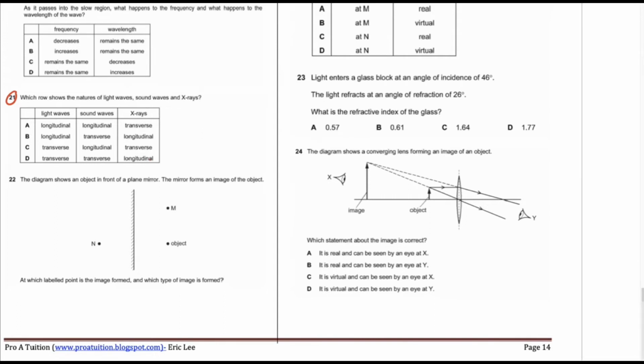Which row shows the natures of light wave, sound wave, and X-ray? So as you can see, longitudinal and transverse. Okay, C is correct. So only sound wave and ultrasound are longitudinal waves. So no problem with this.